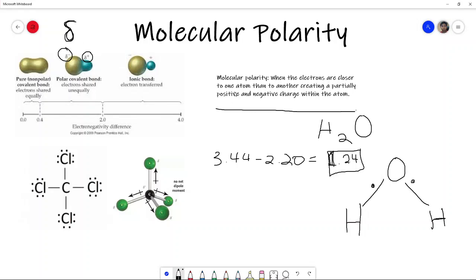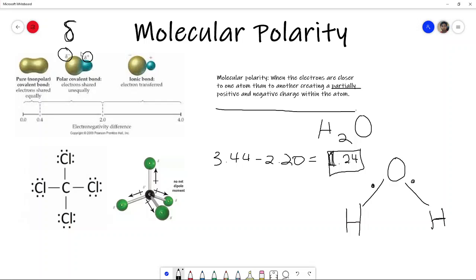So you remember how I said partially over here? That's because the charge that is created in a polar covalent bond is less than 1, it's a partial charge, and that's why we use a sigma sign. It's because we can't find a definite value, therefore we use a sigma sign to represent that value.